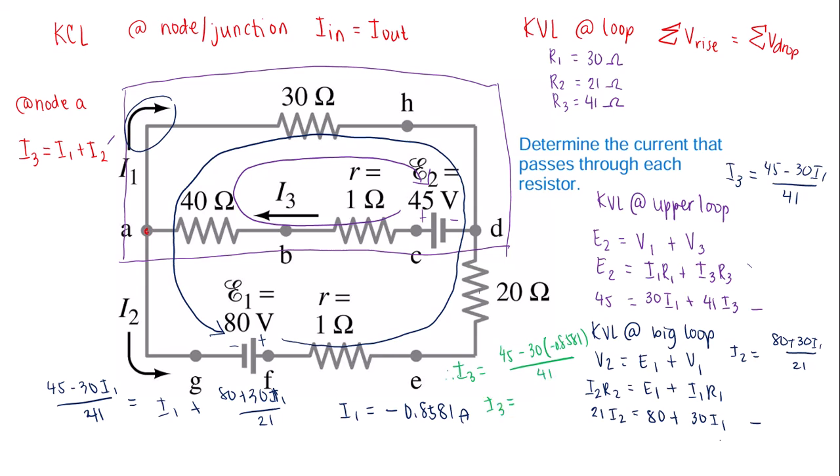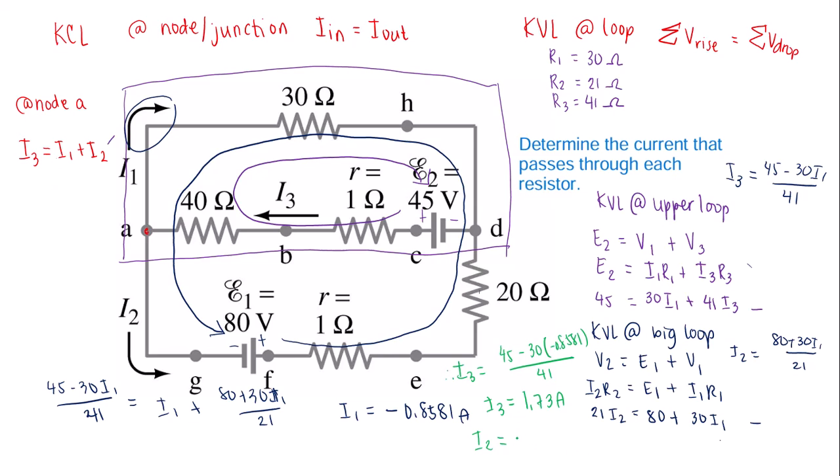This is still in amperes. And by plugging in the same convention, sign convention is negative, we will get 1.73 amperes.